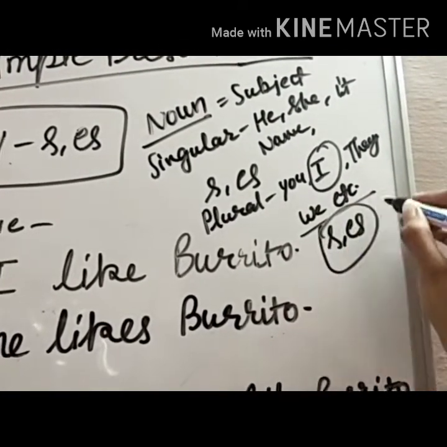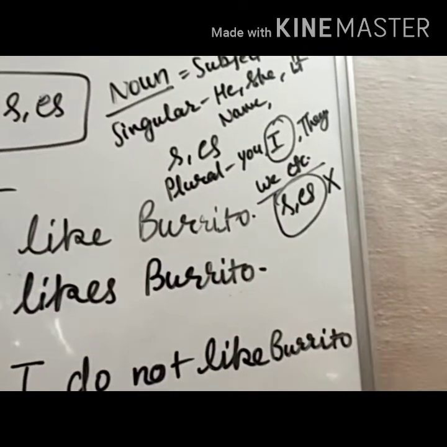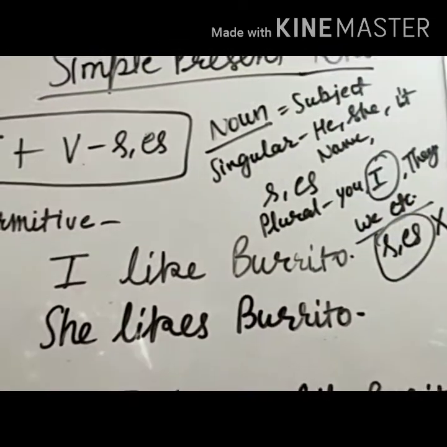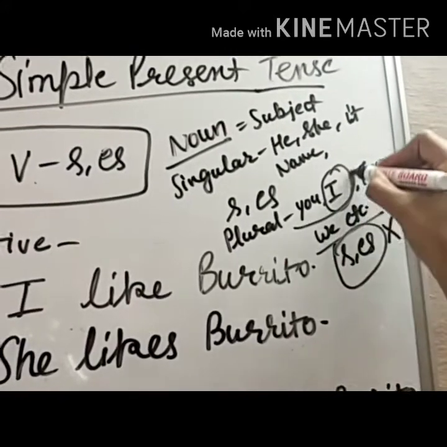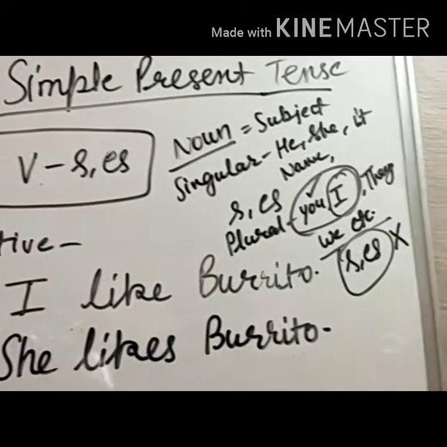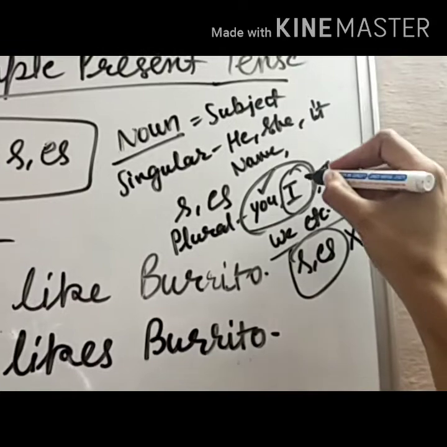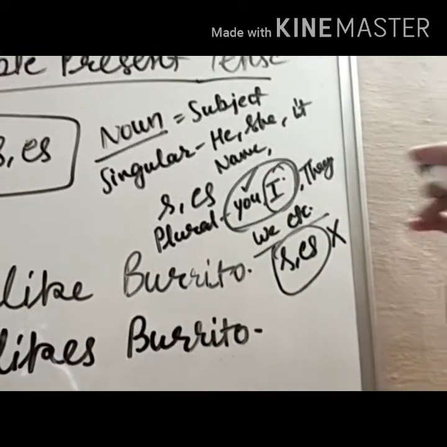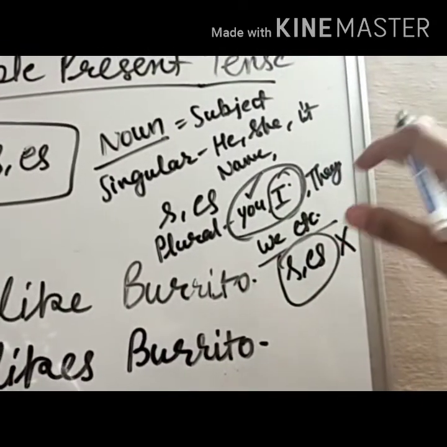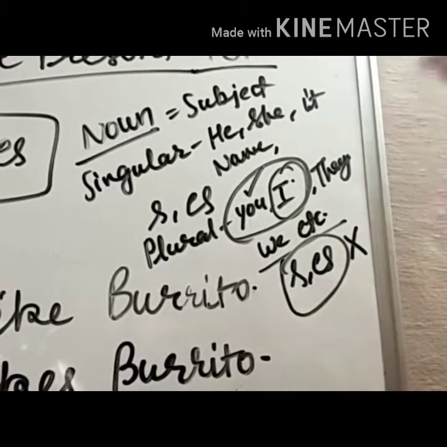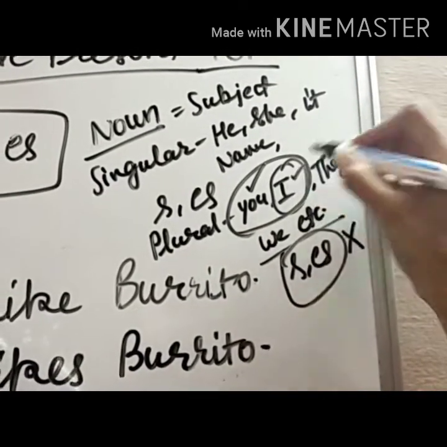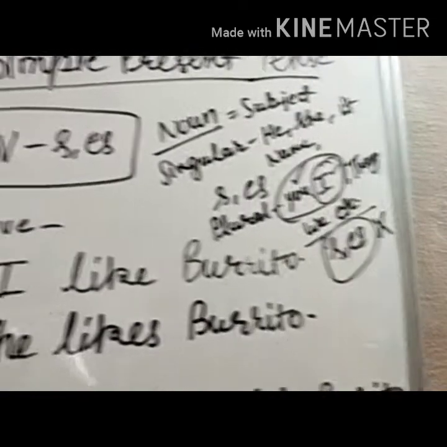We will not apply S and ES when the noun is plural, and with you and I. You we also consider plural, and I we don't consider plural, but in this tense we follow the rules of plural with it. Plural के rules इसके साथ हम use करते हैं.